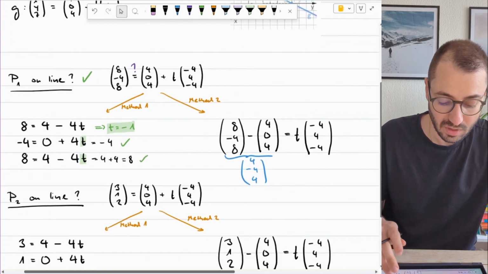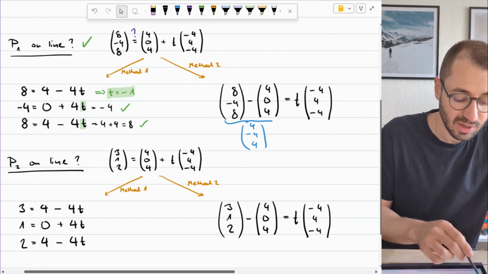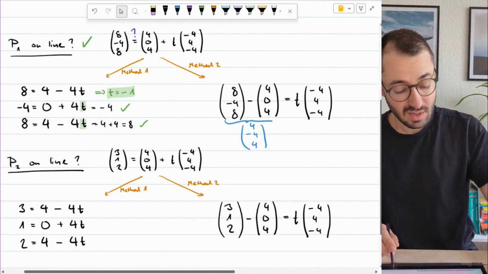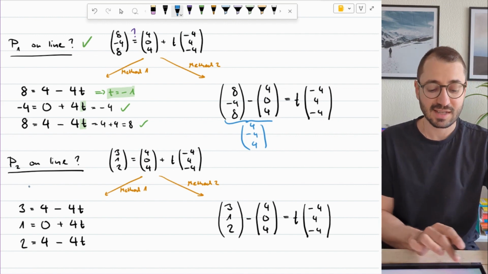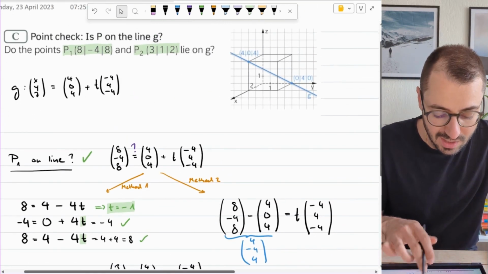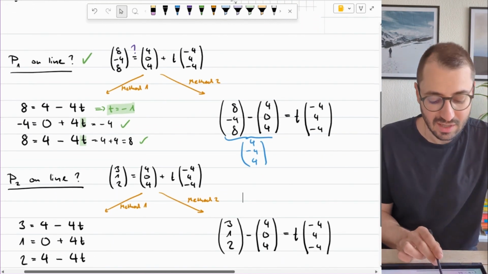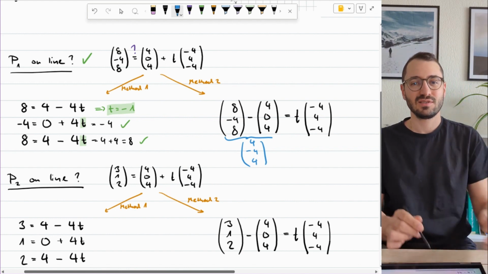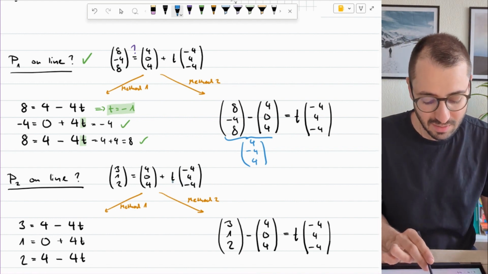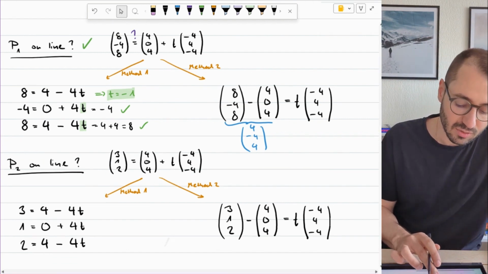Okay, good. In that case, let's look at the second point. We have the point P2 here, and the question is, does it lie on the line? Point P2 has the coordinates (3, 1, 2). Again, if it's on the line, then there needs to exist some t so that this equation holds true.